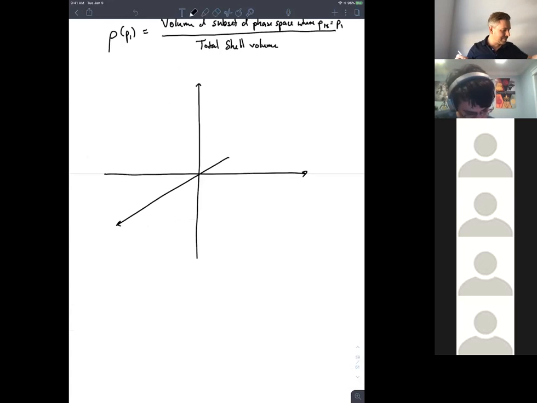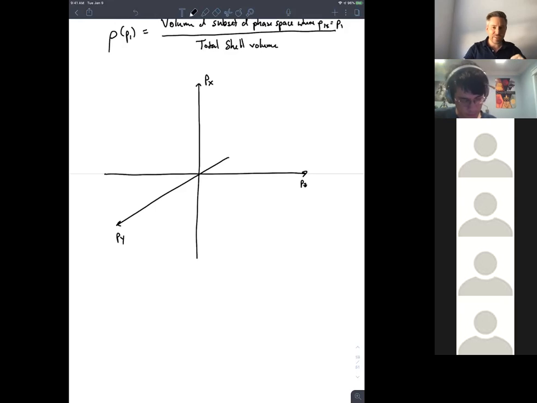This time I'm going to label my axes this way. I'm going to call this one PX, this one is PY, and this one will be PZ. I just rotated a little bit from what we did previously.